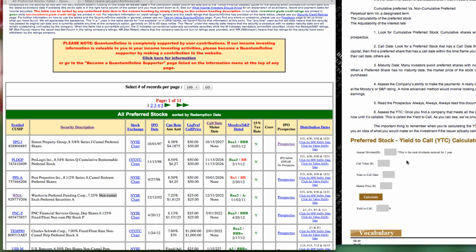Now the reason that I'm using the yield to call is because a lot of preferred shares, as soon as they reach that call date, that company wants to go ahead and repurchase those preferred shares because they don't want to continue paying an 8% interest rate or a 9% interest rate. They want to go ahead and buy those back so that the equity of the business is restored, and also they're not making large interest payments.